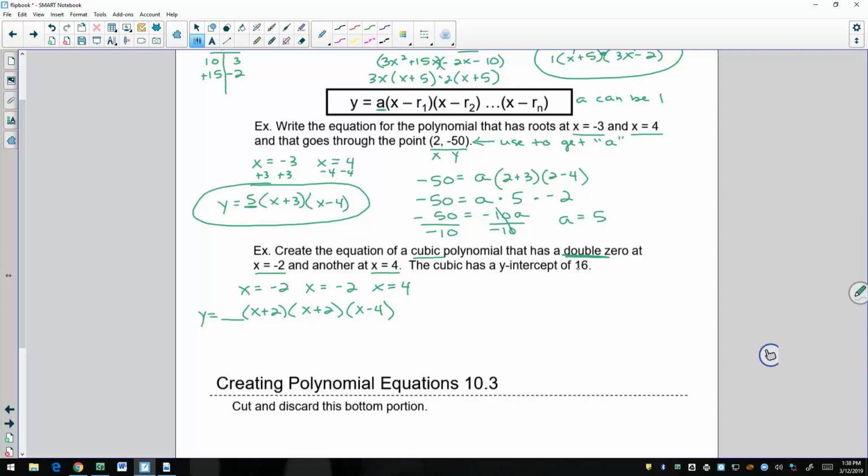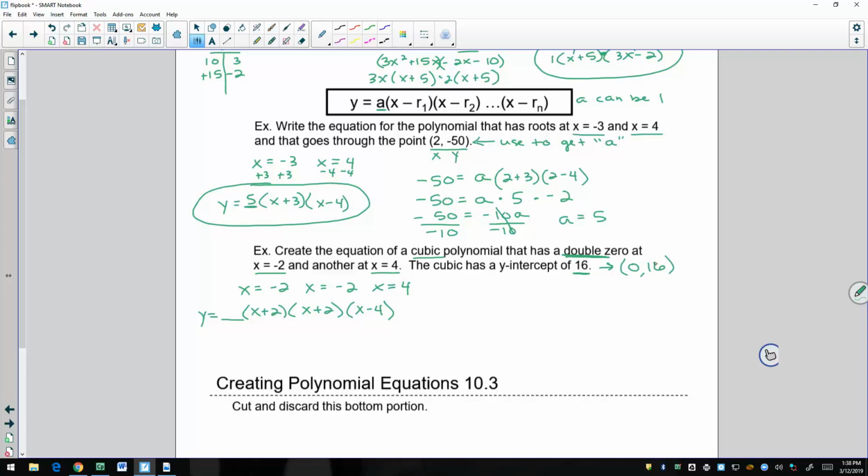So they secretly told me a point. They said the y-intercept is 16. Well, the y-intercept always has an x-coordinate of 0. So that means they told me this point, 0, 16.